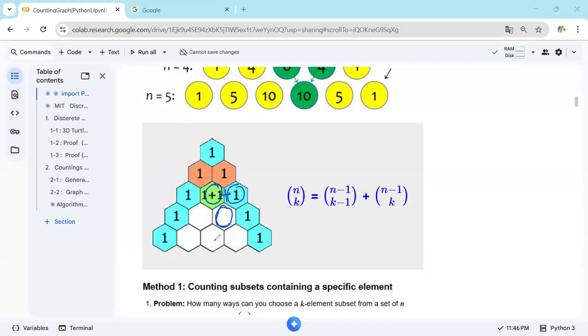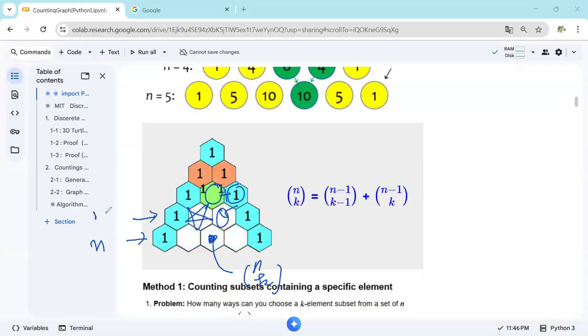So let this be n, this value is n choose k. Then this is the sum of the star and, let this be apple. Okay, apple. So now this one is n choose k. So this coordinate is n.